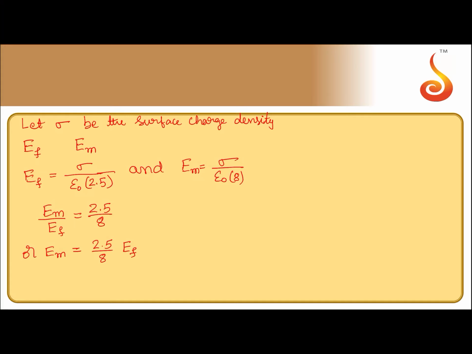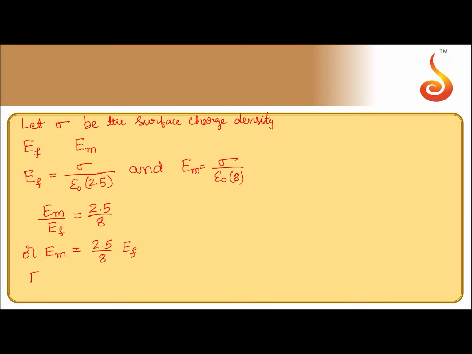EM is 2.5 by 8 times EF. So the electric field inside mica is less than the electric field inside fiber.